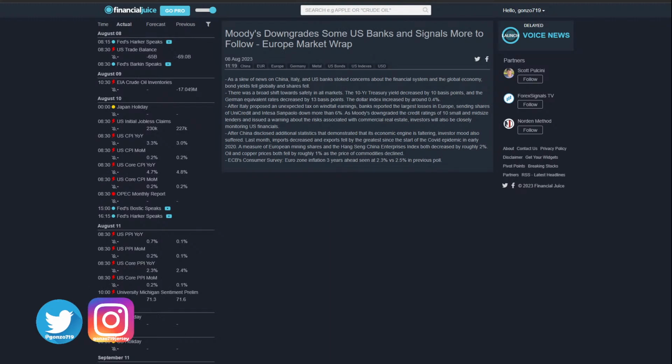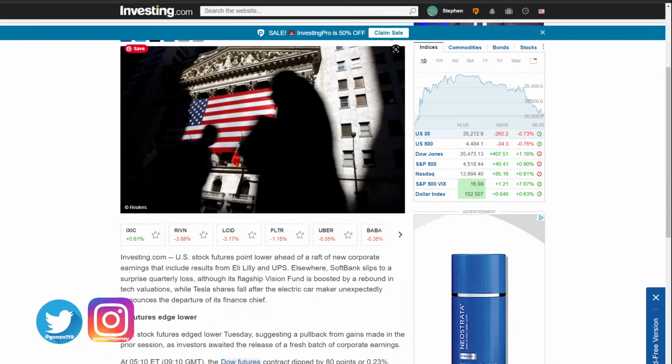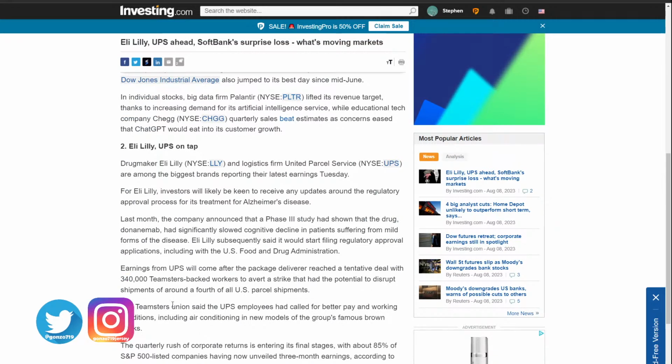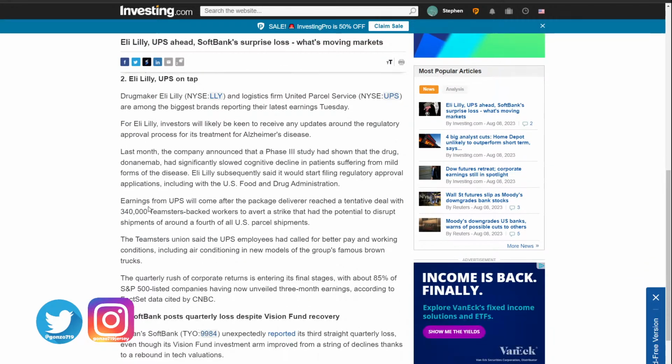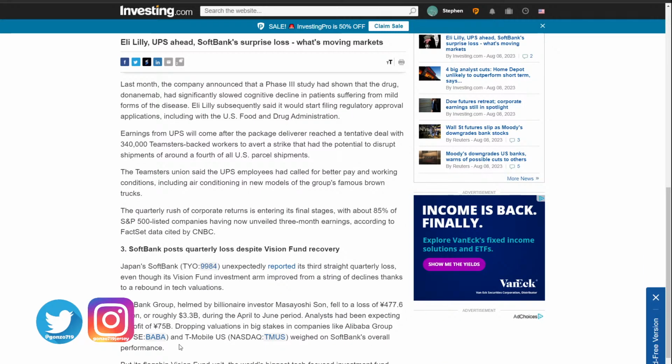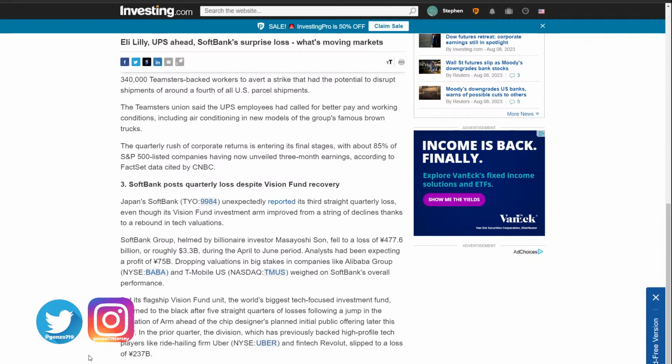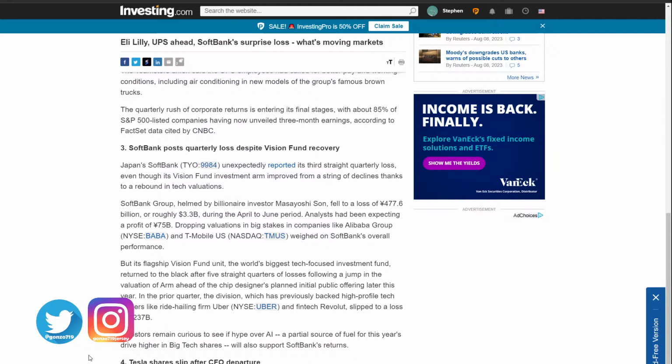We already covered Eli Lilly, we talked about that. Now what's this about SoftBank? It says Japan SoftBank posts quarterly loss despite Vision recovery.